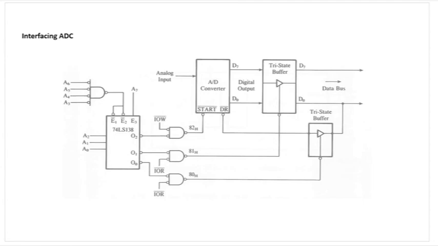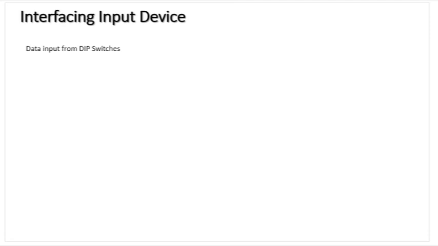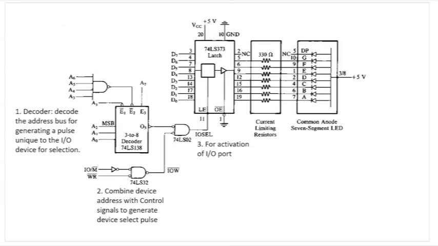So you should know how the keyboard and a 7-segment LED are interfaced. This is the representation of interfacing a 7-segment LED with the microprocessor. We have only seen the hardware of this system.